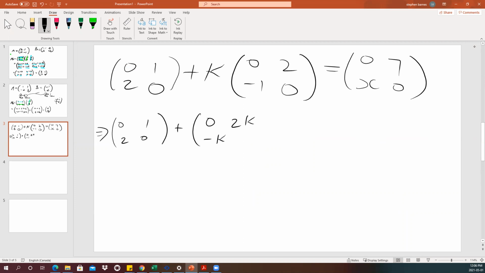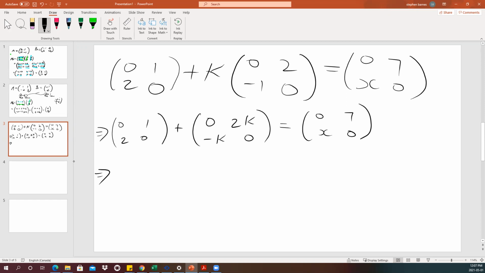This is now minus k, and this is 0. And then this is 0, 7, x, 0. Cool. And then we can see what equality we can work with, right? So we see that 0 plus 0 is 0. So there's nothing interesting there.